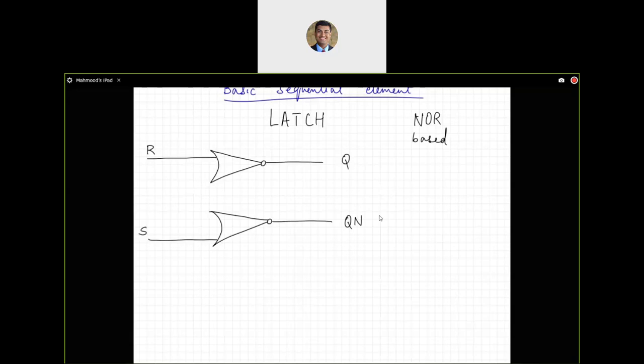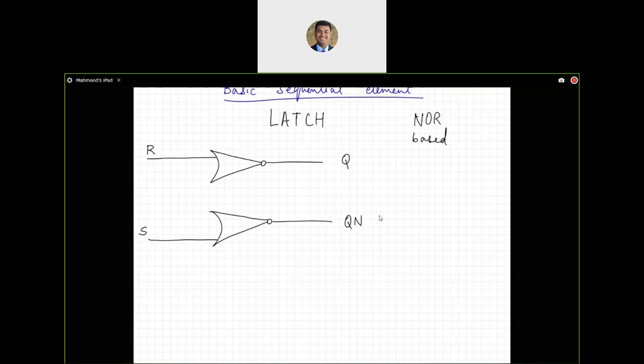So I've drawn two NOR gates and I somehow need to incorporate feedback into this logic diagram to be able to claim that it can store a bit of information. So let's see if I can use some feedback.